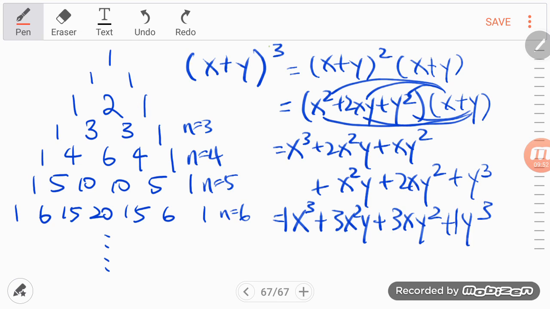But what else do you see here? If you look at the power here, I'm going to write them out again just to show you guys the pattern.